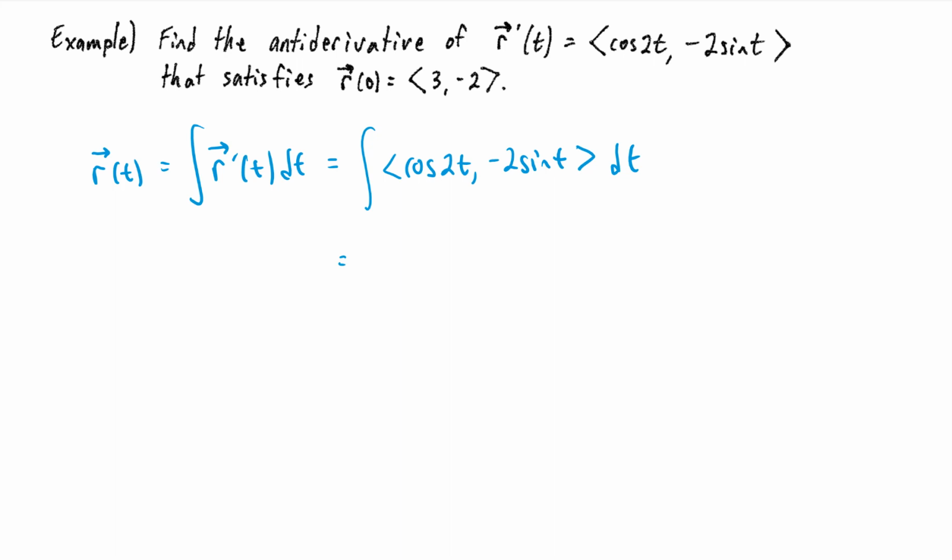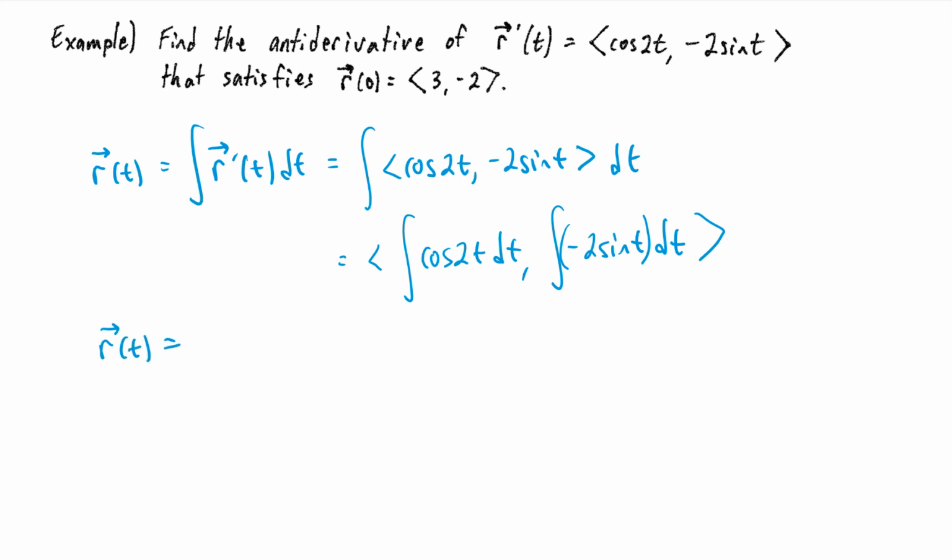We would just have to do the antiderivatives of these individually. And so where do we end up? We end up with the vector valued function r would be, let's see, 1/2 sine 2t plus a constant. And then the antiderivative of that one would be 2 cosine t plus a constant.